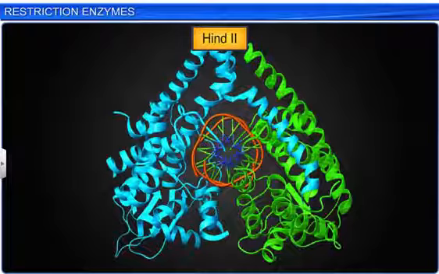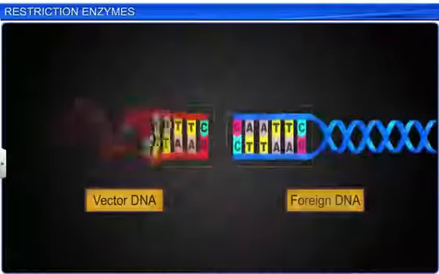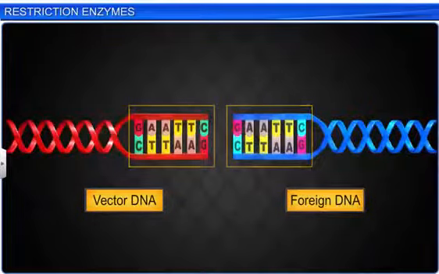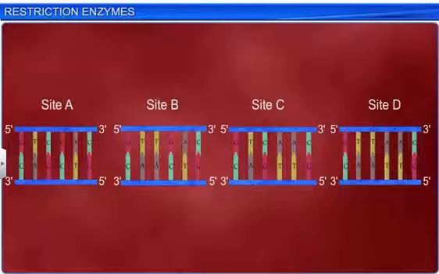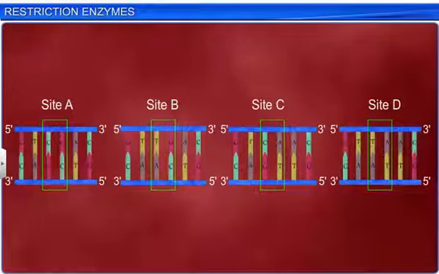HindII was the first restriction endonuclease whose functioning depended on a specific DNA nucleotide sequence. It was observed that HindII always cut DNA molecules at a particular point by recognizing the position of the 6 base pairs. Therefore, the specific base sequence is also known as the recognition sequence for HindII.